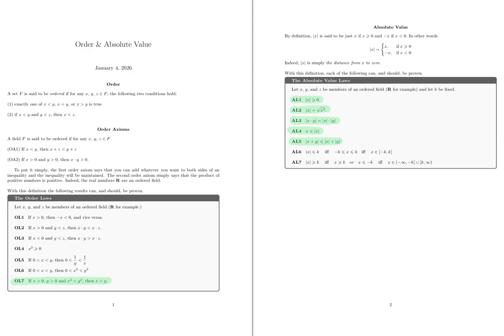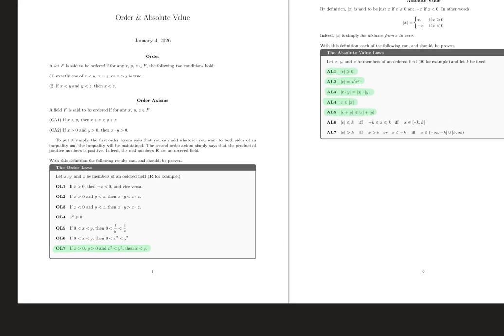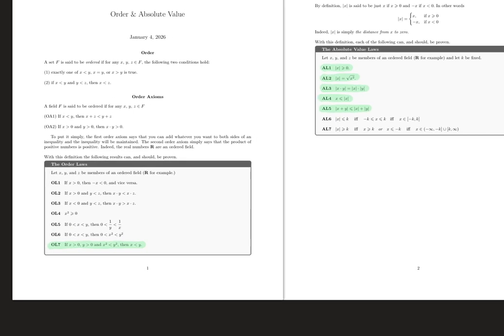Let's get going. So if I were you, go to Canvas, follow along with me with this PDF, print it out if you need to, and let's prove all of these. So our first goal, let's prove OL7, and I'll write it down as well.